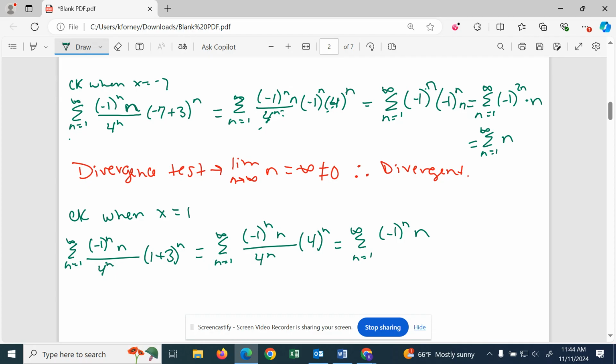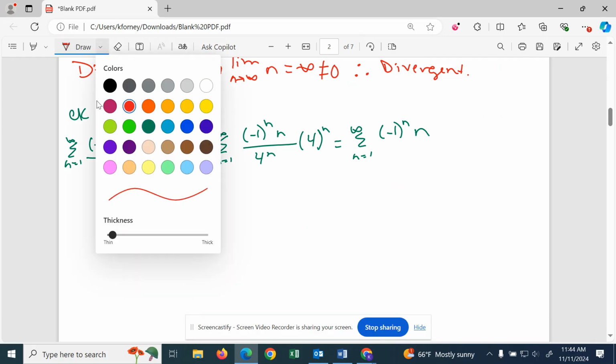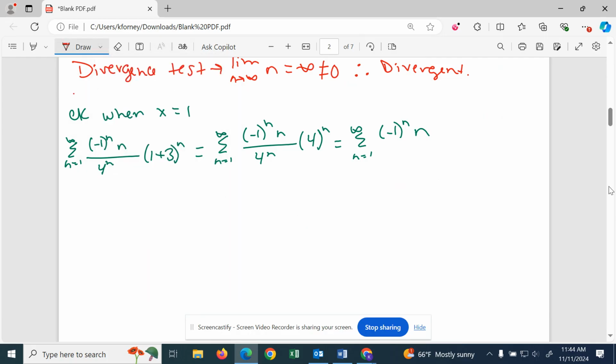Let's look at this. We could apply the divergence test and we would see that the limit here does not exist. Remember the divergence test: if the limit doesn't exist, it's divergent, and the only time it's convergent is if the limit equals 0.